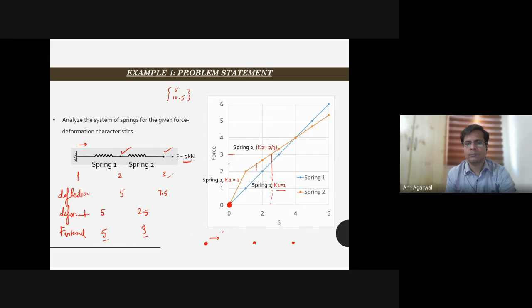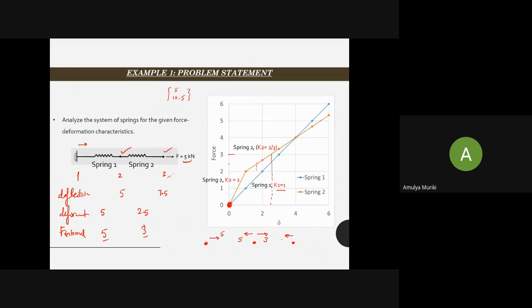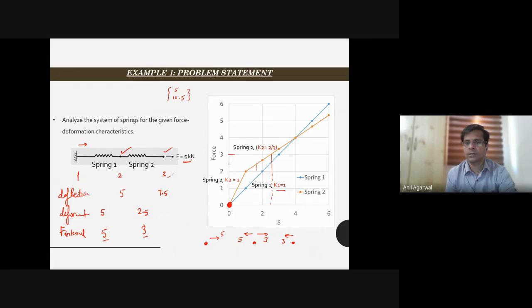The first spring pulls this end by 5 kilonewton, and this point is also pulled by 5 kilonewton. The second spring is pulling this point by what force? The internal force of the spring, 3 kilonewton. The third point is being pulled by the spring by 3 kilonewton, and externally, I'm applying 5 kilonewton.